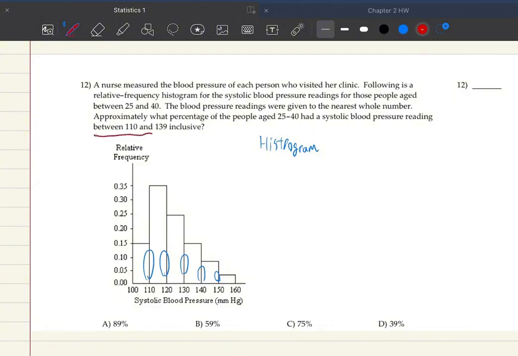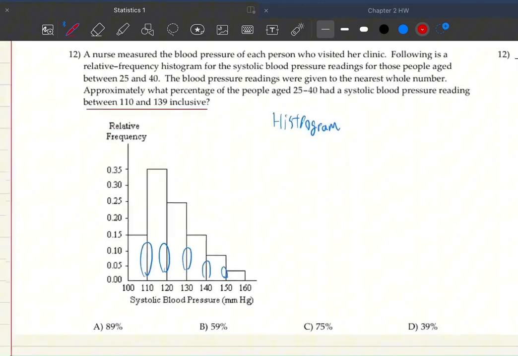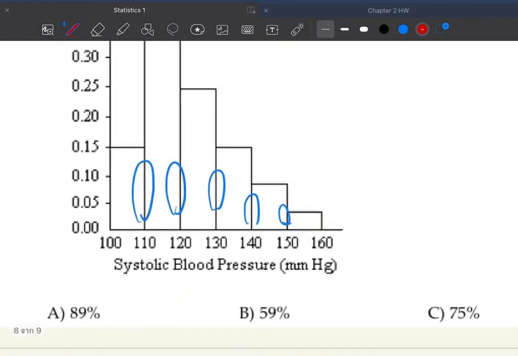Inclusive means we are going to include 139 as well. So it is going to be in this range, 110 to 140.